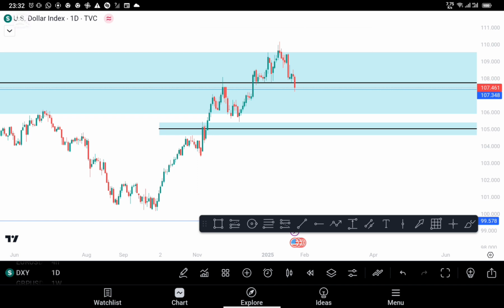It has broke structure on a daily. After filling that gap, we're trying to connect a puzzle. On a monthly we were filling all the gap, all of it.